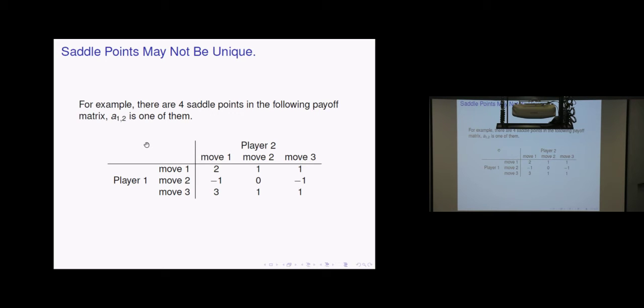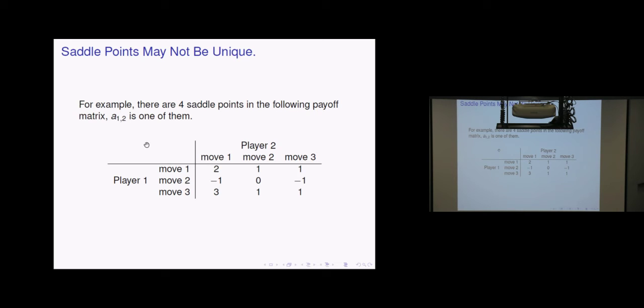So this entry is the minimum of the first row and at the same time a maximum of the column. So this entry is a saddle point. Now how about this one? This is also a minimum in the first row. Is it a maximum of this column? Yes. So this is also a saddle point.